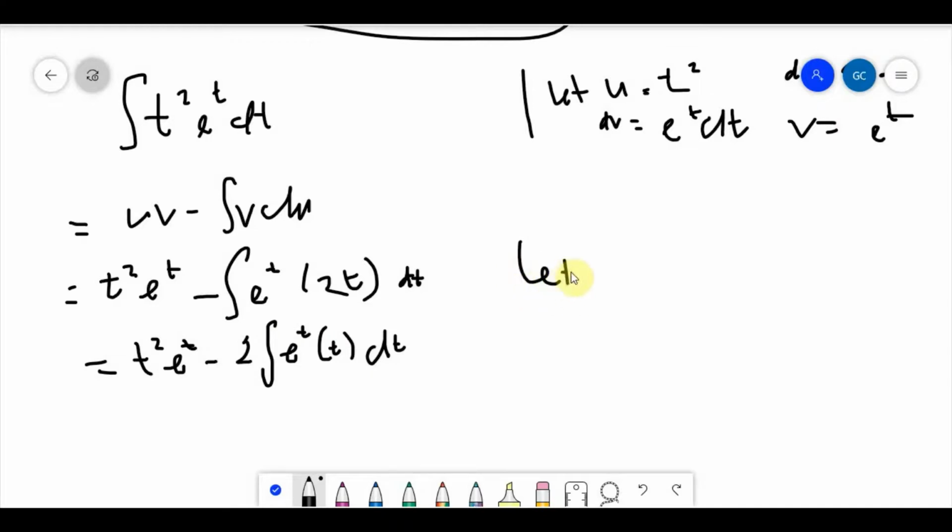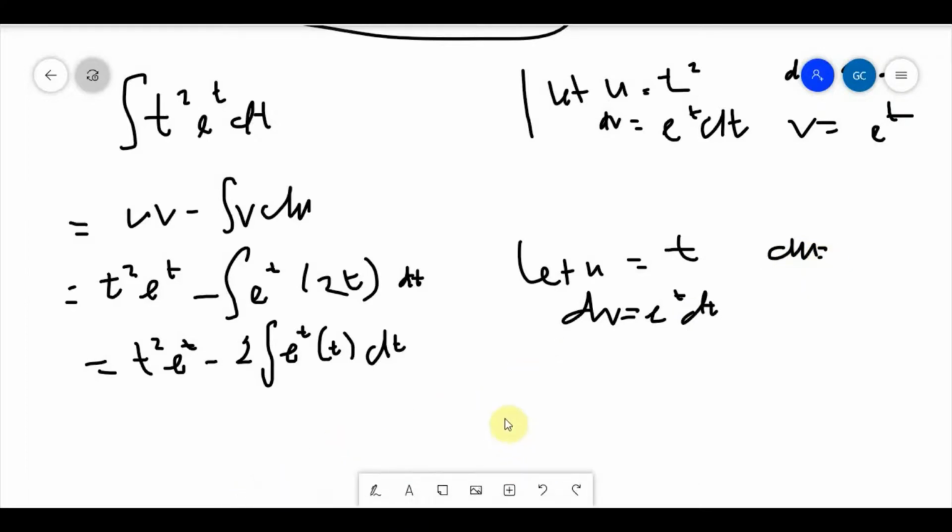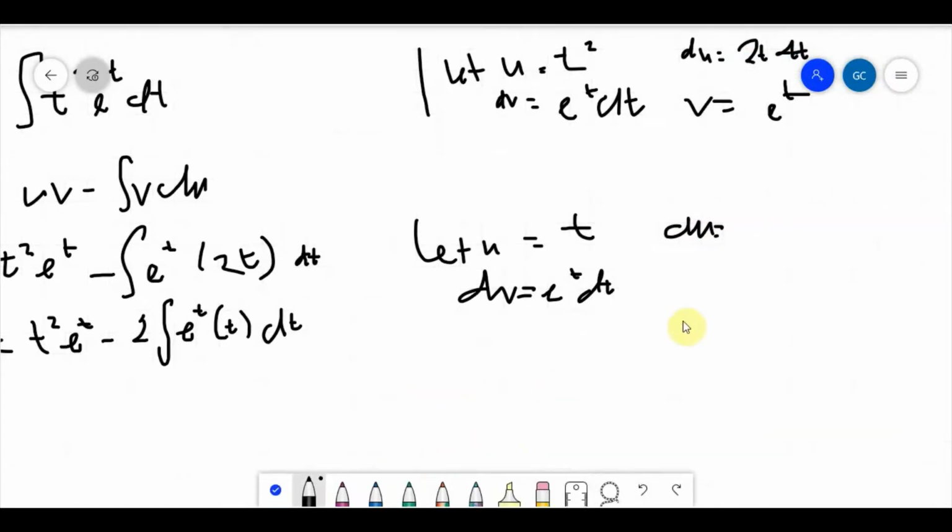So we let u be equal to t, dv would be e to the t dt, du would be dt, and v would be e to the t. Now since we have du equal to dt, we are 100% sure that this is our last integration by parts.